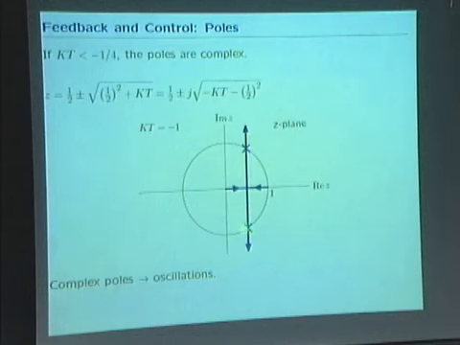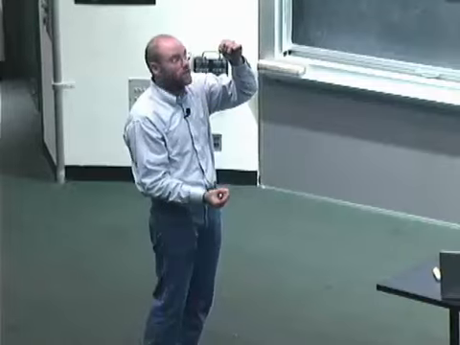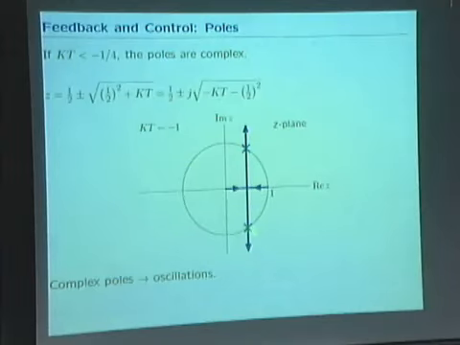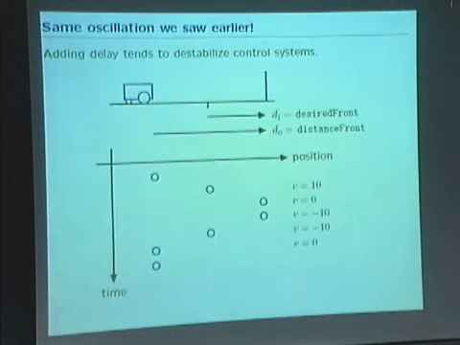If you put it in the system with delay, they land exactly on the unit circle, right? Right there, complex poles on the unit circle, you're going to get a stable oscillation. Right, which is exactly what we saw there.